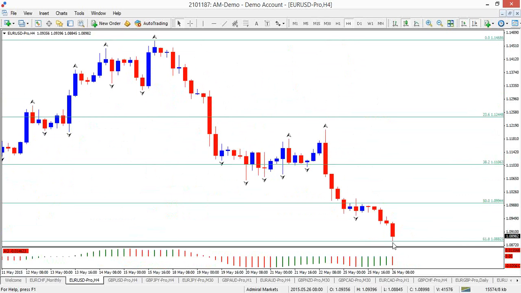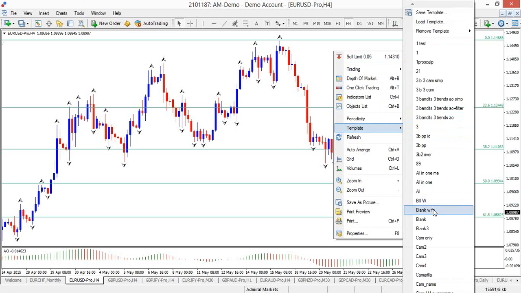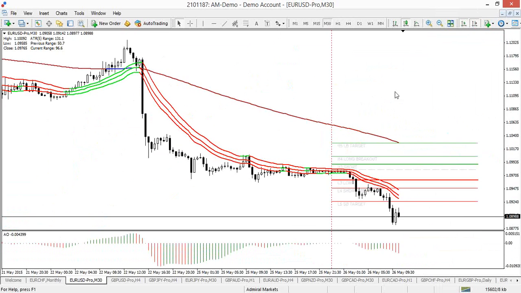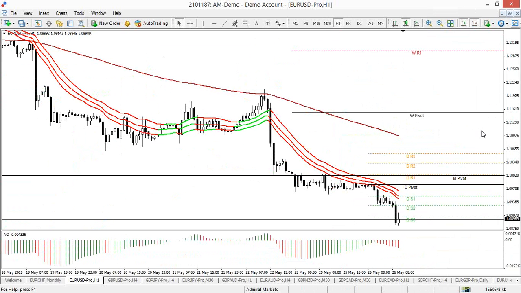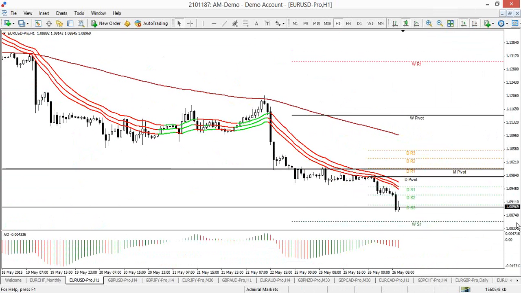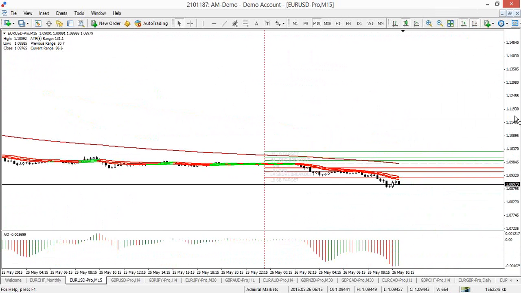Target, I would be aiming for 107.50, but it might be something that happens this week. For today, if you're looking for a target that could happen today, pivot points are not helping us.